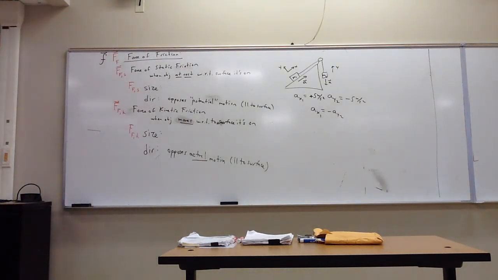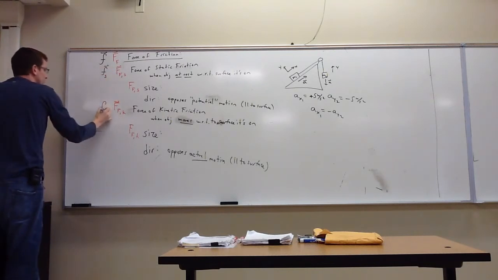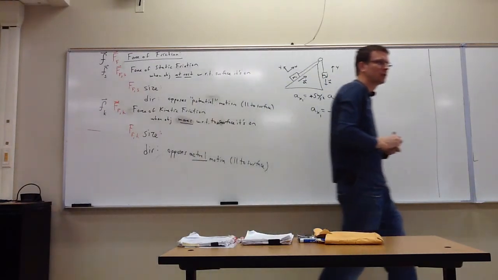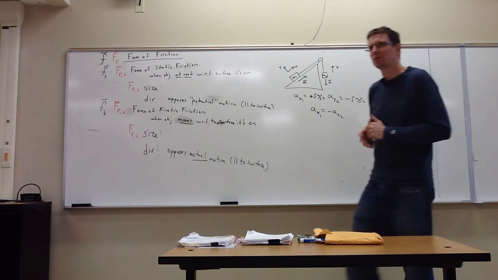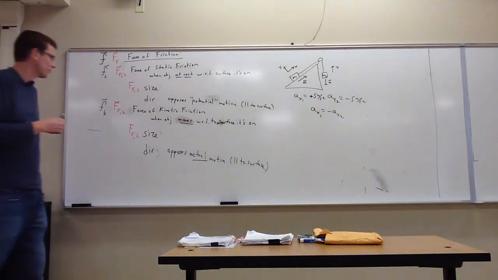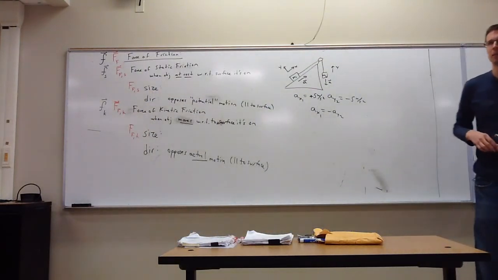So that basically just lets you have just a single subscript, is it static or kinetic? Okay? So if you ever see that, you know what that means. I can't remember what the nominally official textbook uses, but those are different ways you'll see this force. So the big thing is to talk about size.